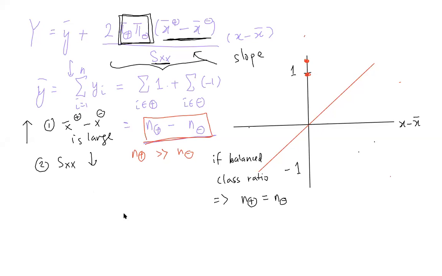So let's look at the first one. The mean of the plus and the minus group, the difference is very big. So one possibility will be something like this. You have a bunch of values here, and then over that side, because their mean difference is very large, the other is basically sitting somewhere around here.